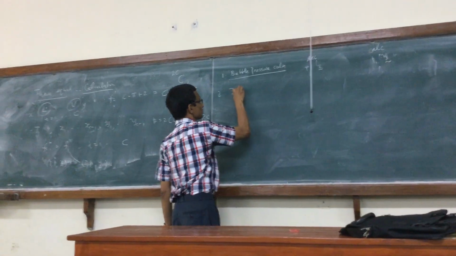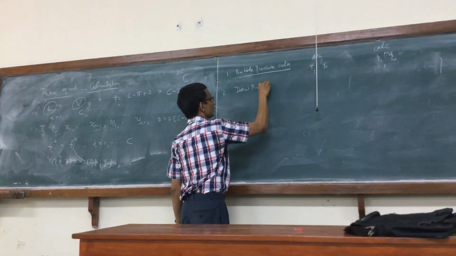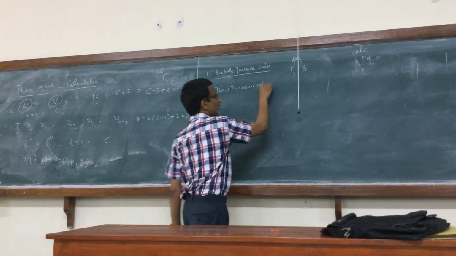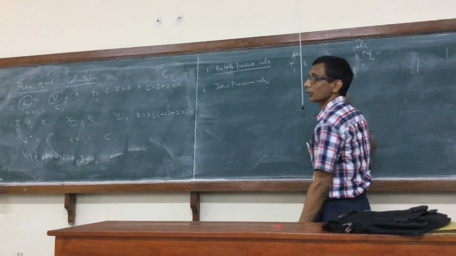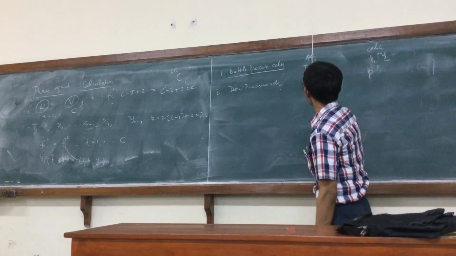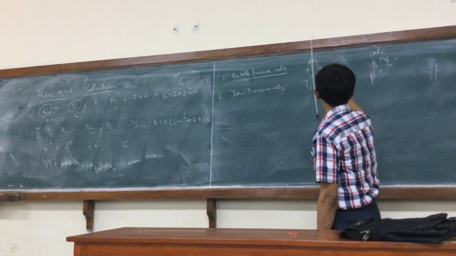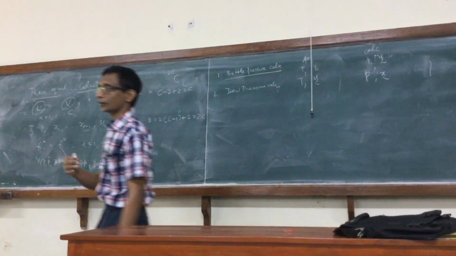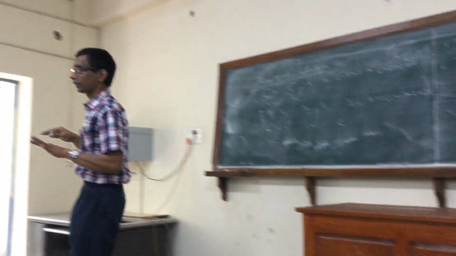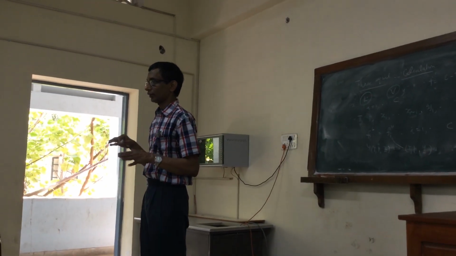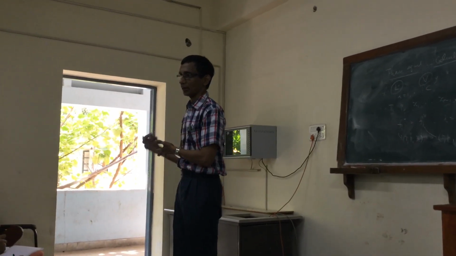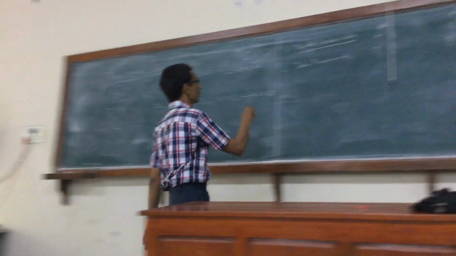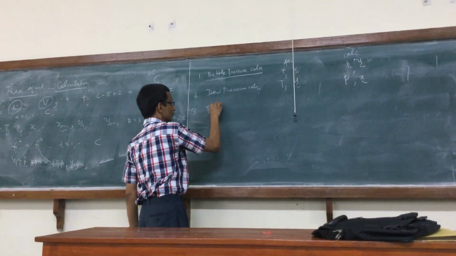One is the dew pressure calculation. Again, this would mean calculation of the pressure. But here, clearly you can guess the other specification is that the vapor phase composition is completely specified. That is what is called the dew pressure calculation. The other is bubble temperature.